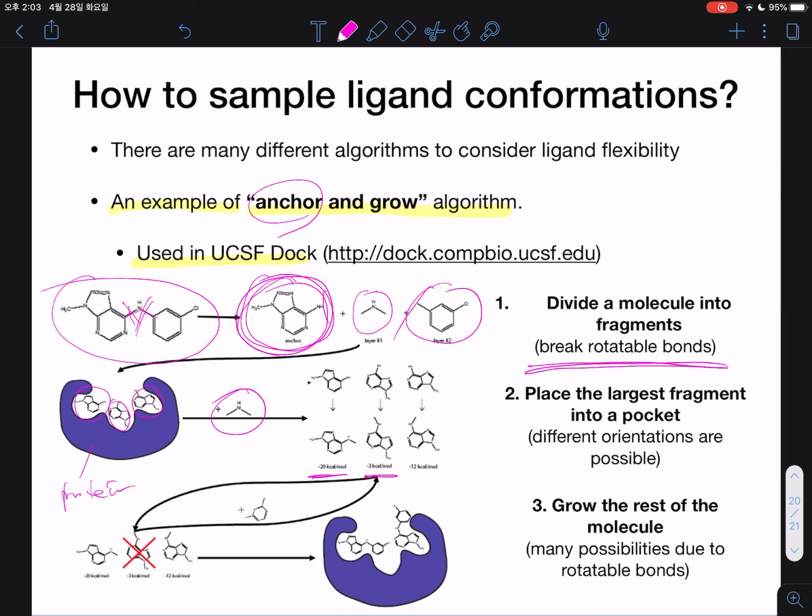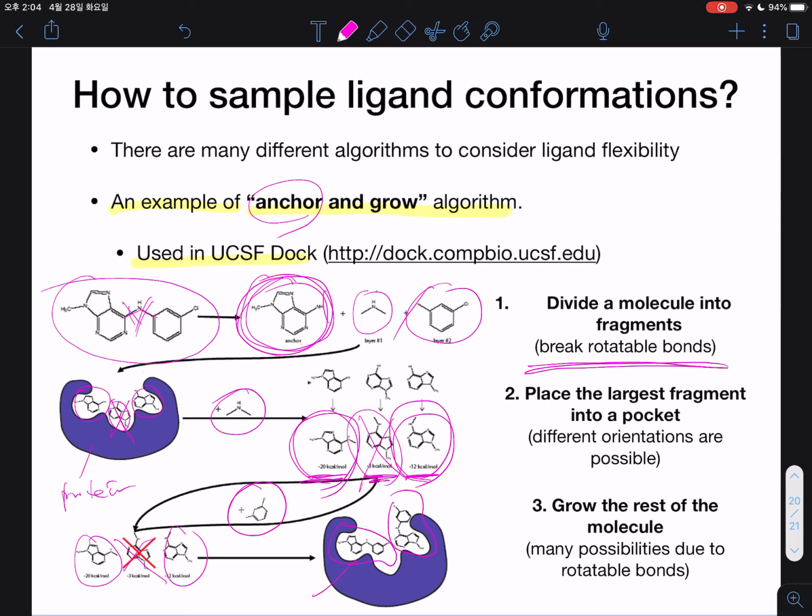Then the energy of each fragment is calculated. In this example, this fragment has minus 20 kilocalories, and this fragment has minus 12 kilocalories, but this fragment has minus 3 kilocalories. So this one is discarded, removed, and then we have two possible structures. From here we add the last fragment, and then the whole conformation is reproduced.